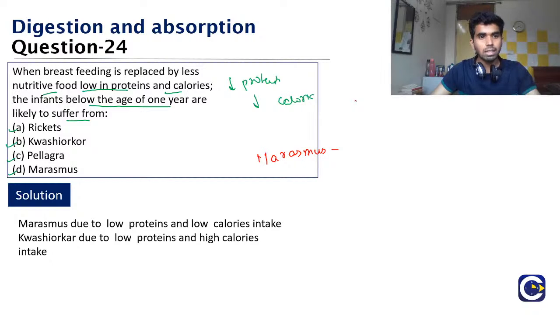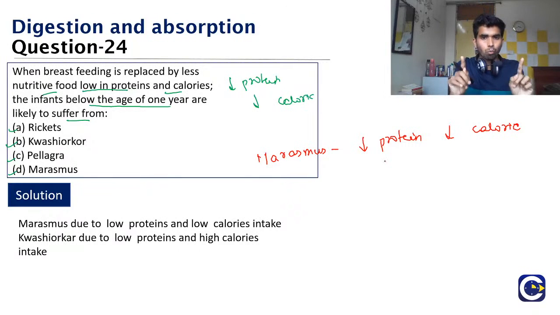If the food is completely not available, the child will not get protein or calorie, both. And if both are absent, the child will be very thin. I remember it as marasmus means marawa, very thin. So it will be marasmus and it occurs below 1 year.